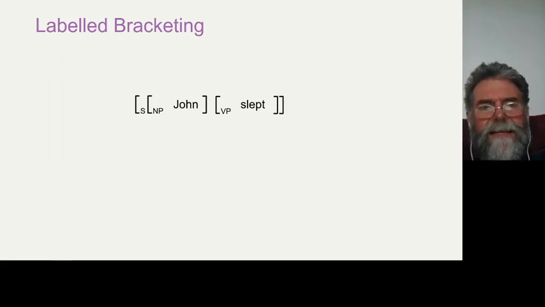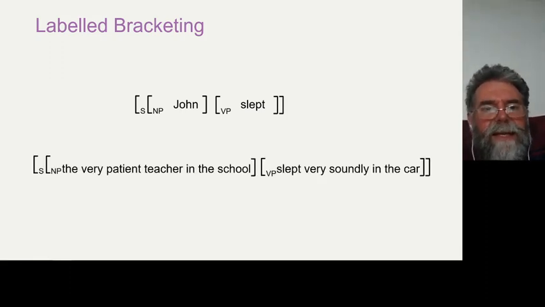And this is far easier to read, and in fact it's easier to read if we've got a long and complicated sentence like the very patient teacher in the school slept very soundly in the car. As you can see, we're just not putting in all of the details there. We're saying that this is a sentence made up of two phrases, a noun phrase and a verb phrase.